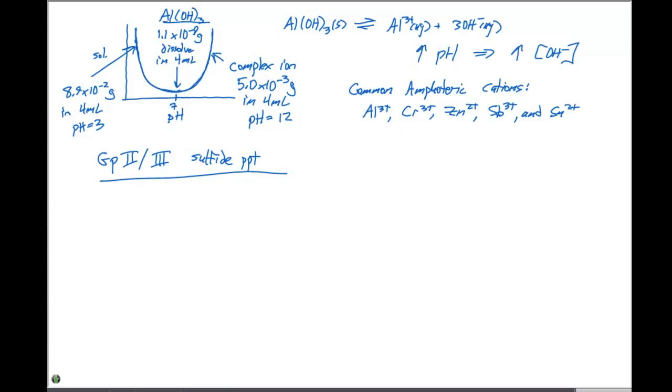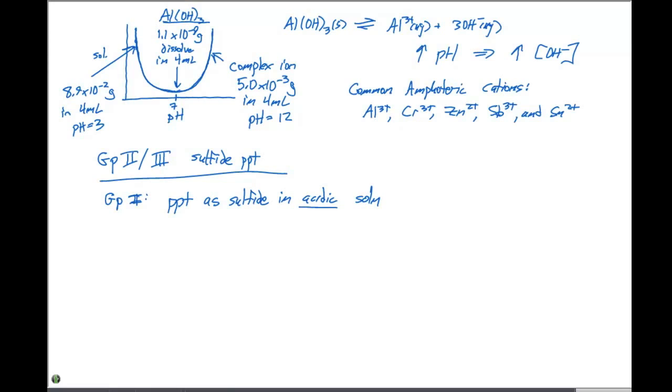In group 1, we said that these cations will precipitate. Group 2, these sulfides will precipitate as a sulfide in acidic solution.